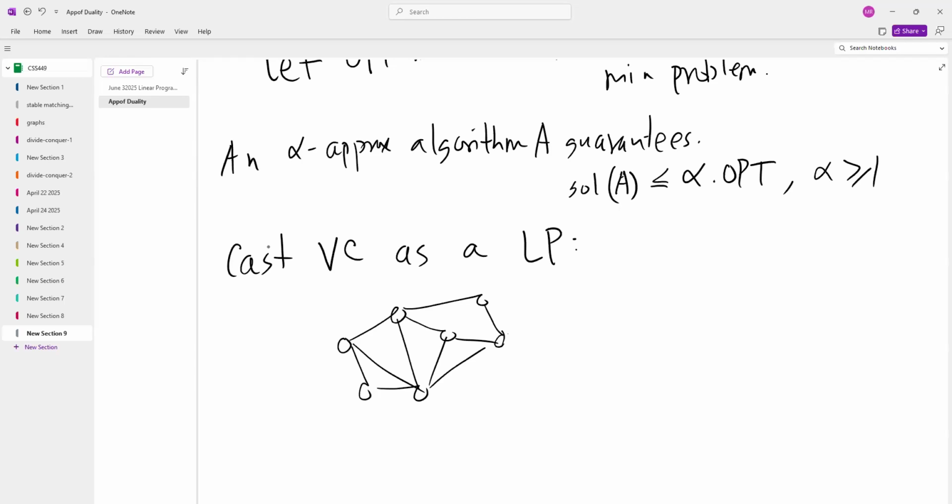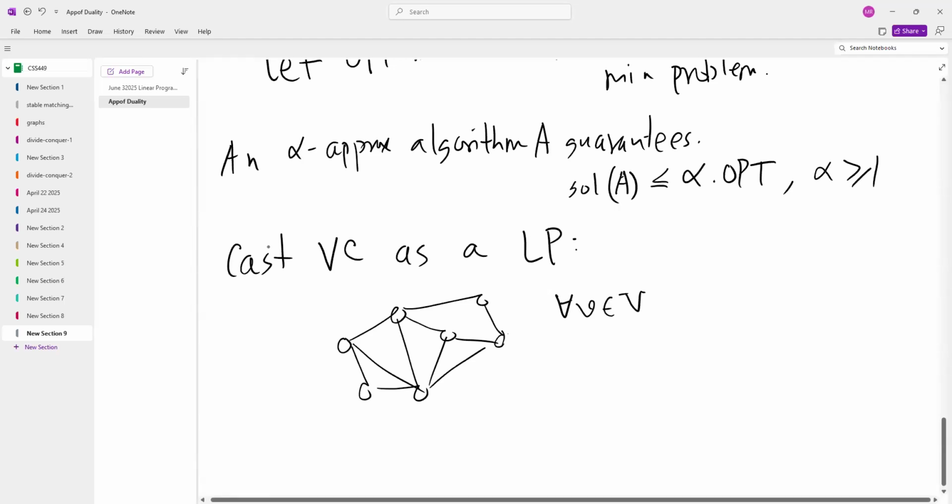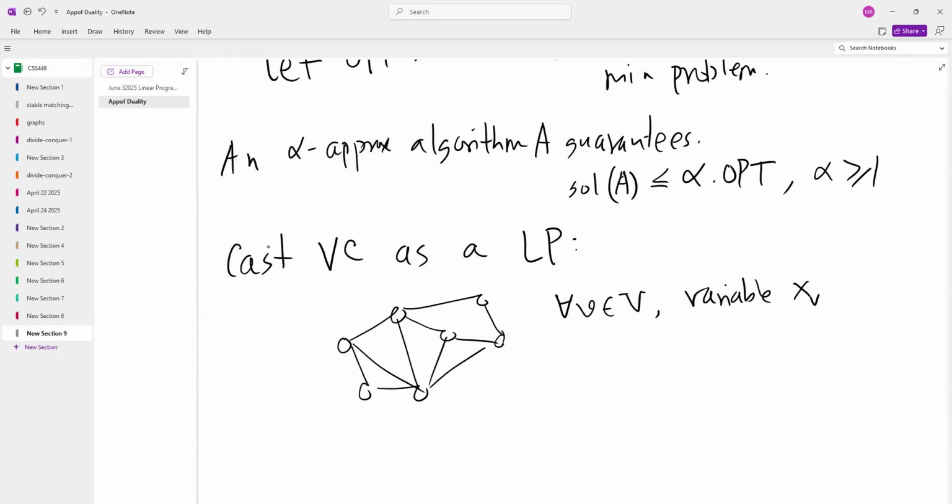So that's going to be my strategy. For all vertices in my vertex set, the variable is xv. Okay, xv is my variable. And now notice that I am constraining this variable to be an integer, because I have two choices: I choose the vertex, or I don't choose the vertex. If I choose it, x is 1. If I don't choose it, x is 0.